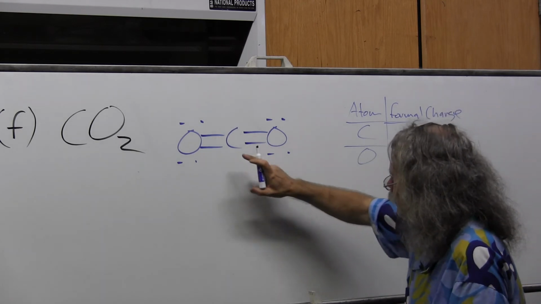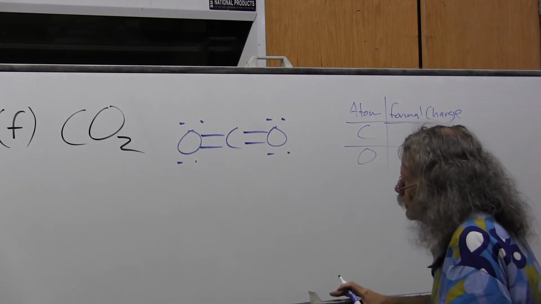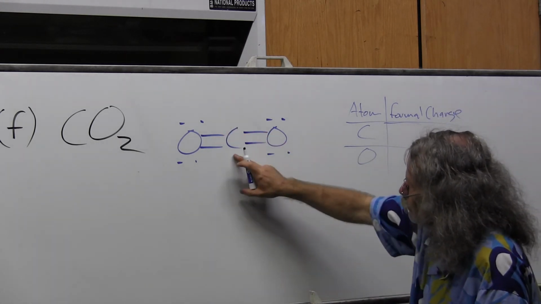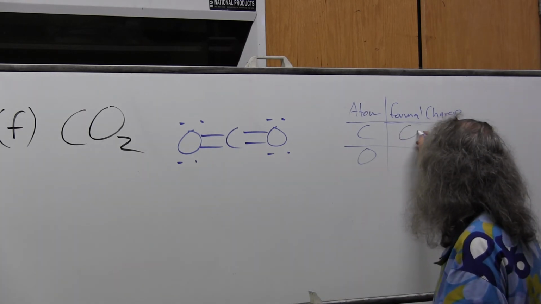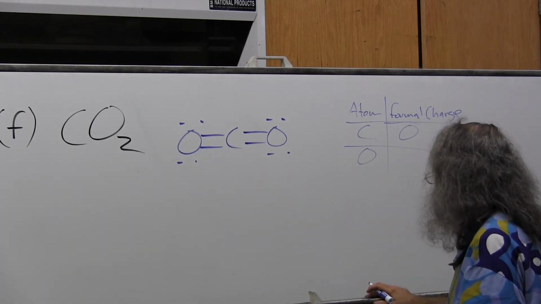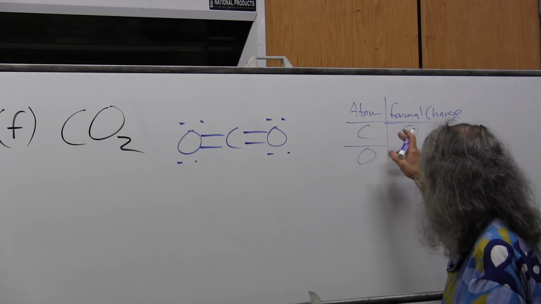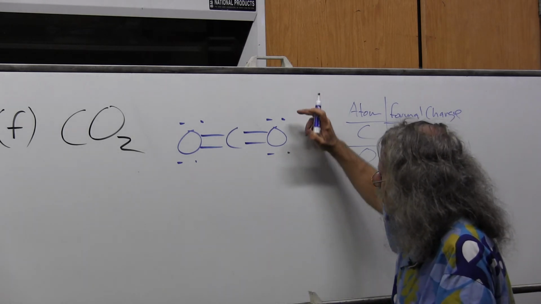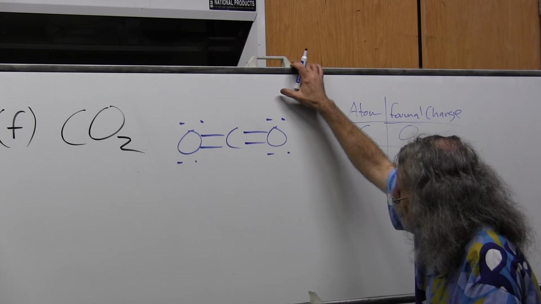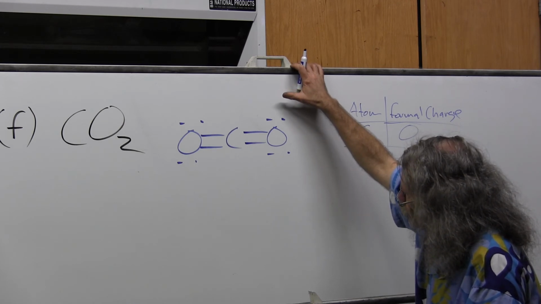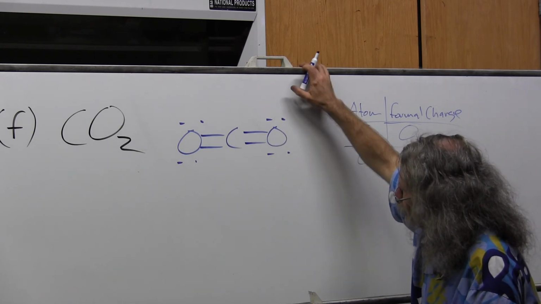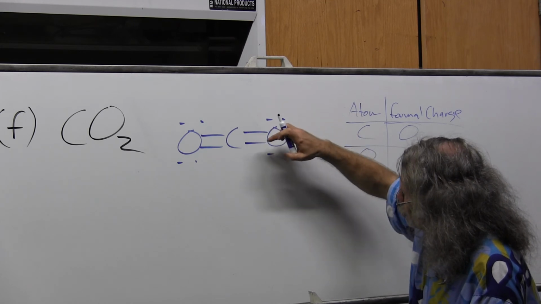Formal charge is, I've got 1, 2, 3, 4 electrons. It's group number 4. 4 minus 4 is 0. And so the central atom, carbon, has 0 formal charge. Now, the formal charge on the outer atoms, they're group number 6. And I've got 1, 2, 3, 4, 5, 6.